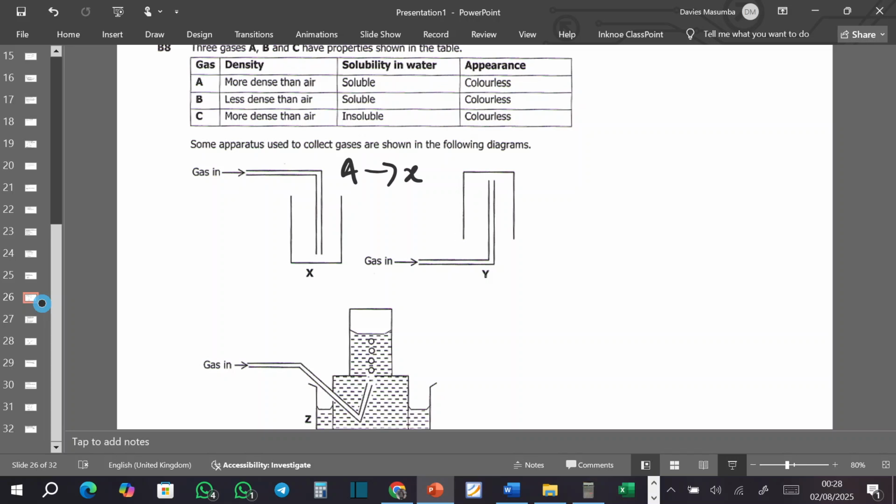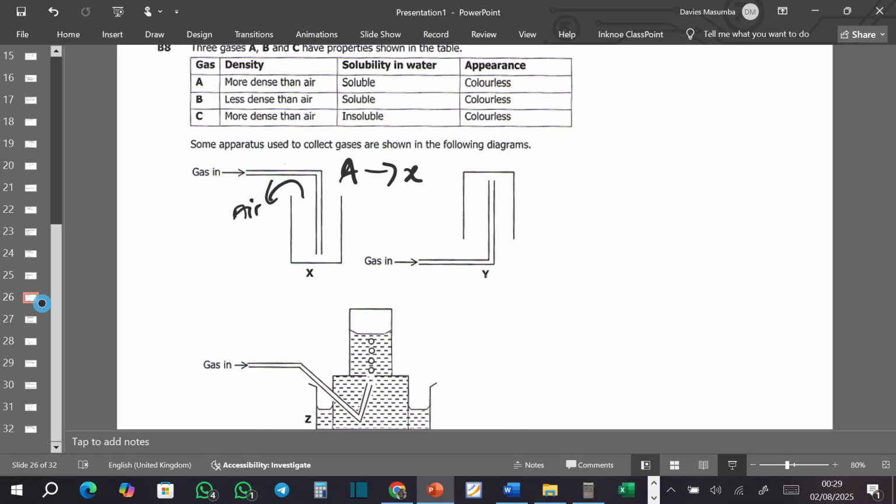You bring it like that, then it will sit, then it will remove the air, the air will be displaced. So downward delivery or displacement of air. And it is soluble, so you cannot use water.